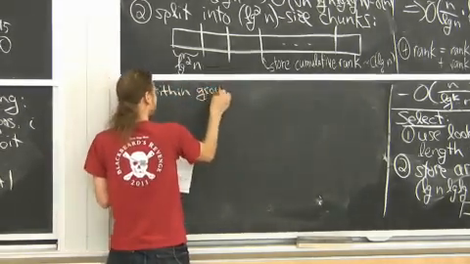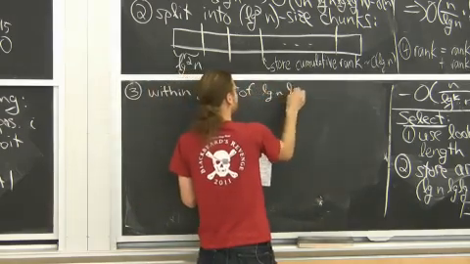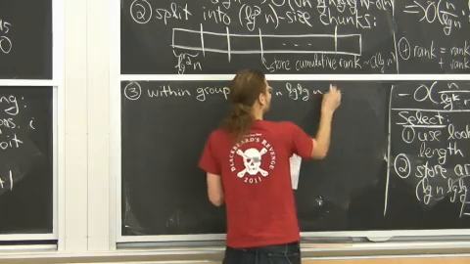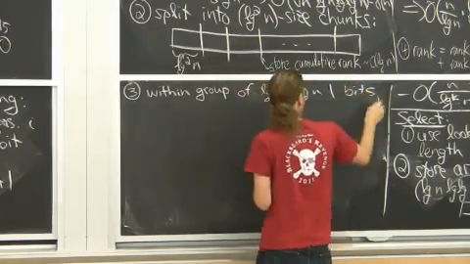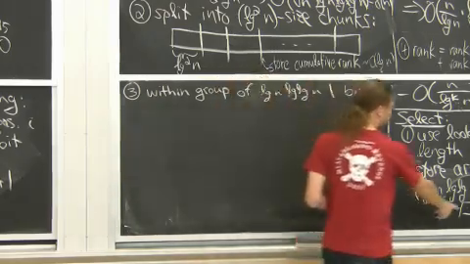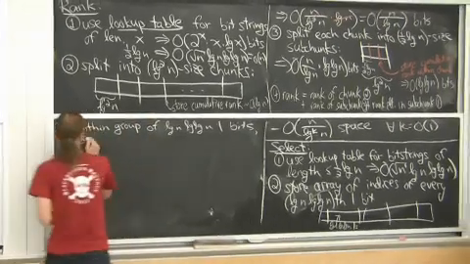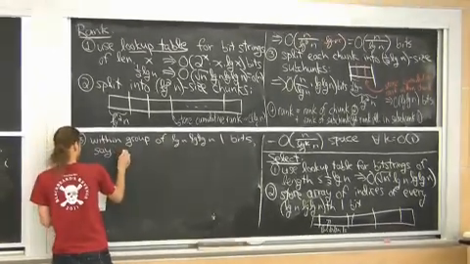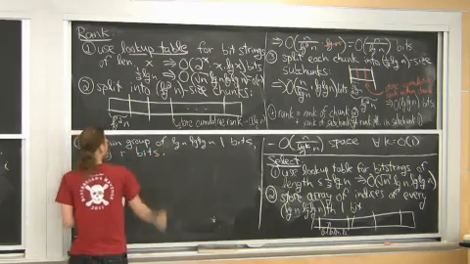a group of log n log log n 1 bits. I'm calling them groups now instead of chunks. So each of these groups has different size. Let's suppose it has size r, so let's say it's r bits long.